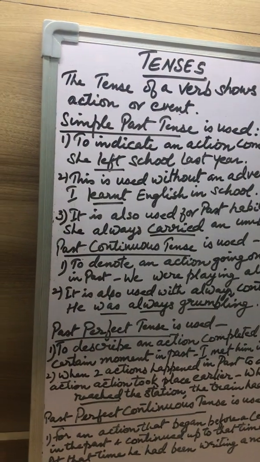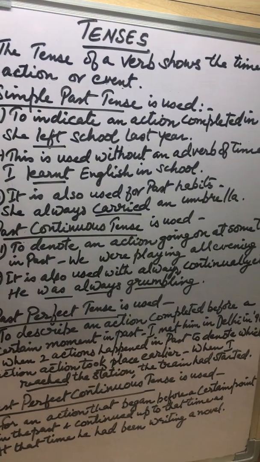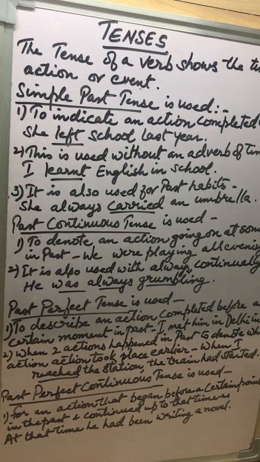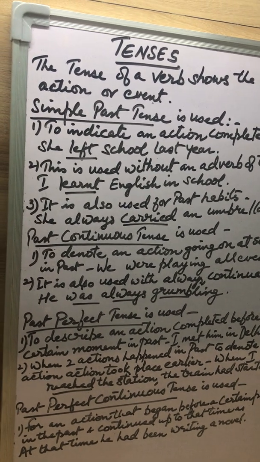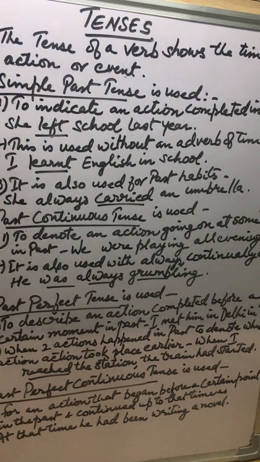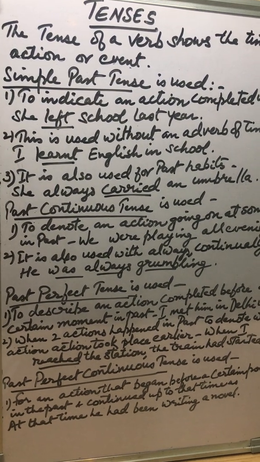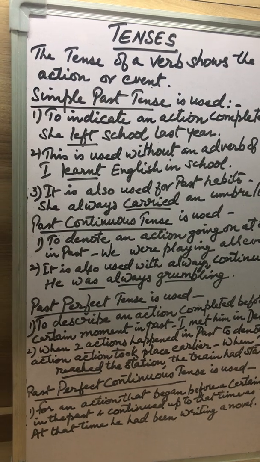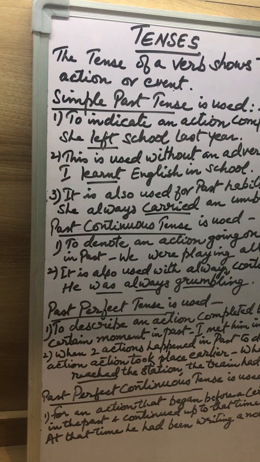The simple past tense is also used for habits which were in the past. As for example, she always carried an umbrella. It was her habit that she used to carry an umbrella.